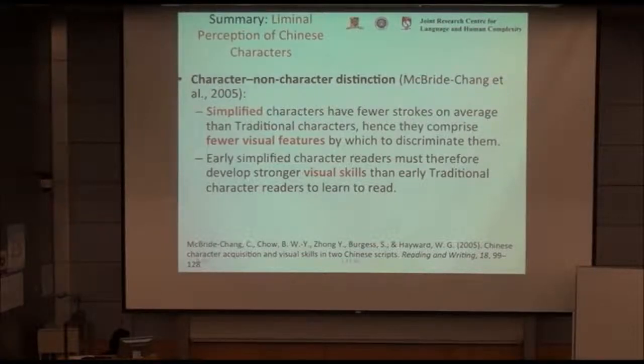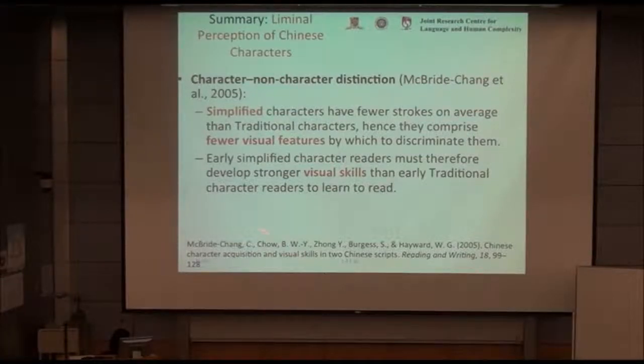And we also know from the literature, any simplified character readers must therefore develop stronger visual skills than traditional Chinese readers to learn to read. Right? Because there are fewer visual features.